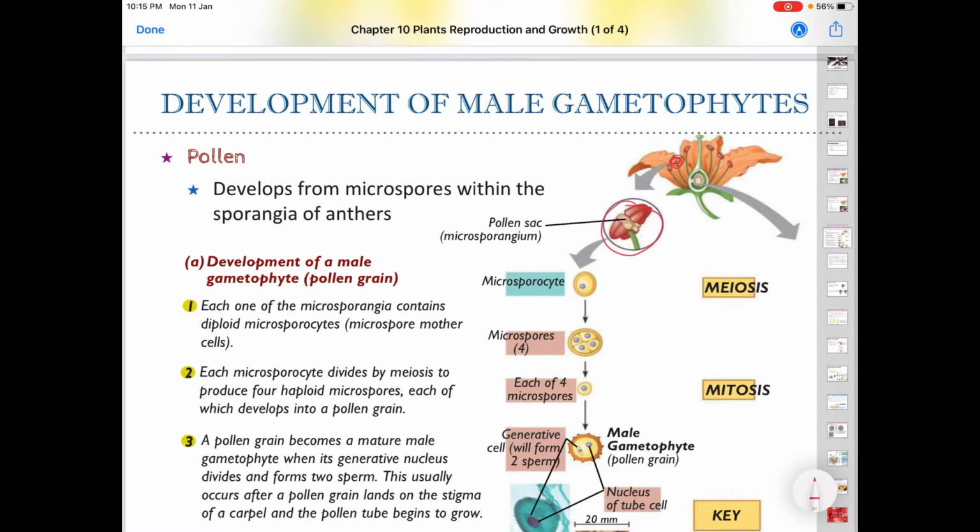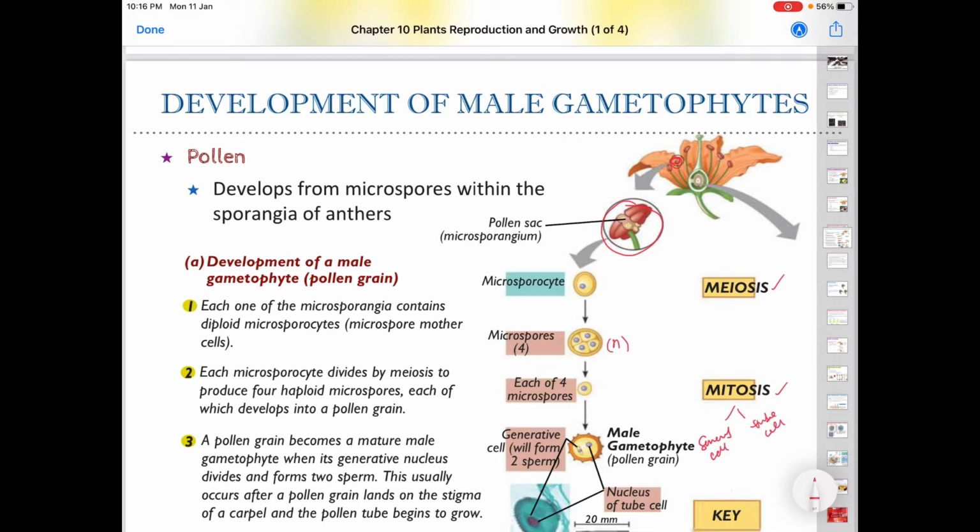This microsporocyte will undergo a process of meiosis, and then they form four haploid microspores. Each of these microspores will undergo mitosis, and they form two types of cell: generative cell and tube cell.